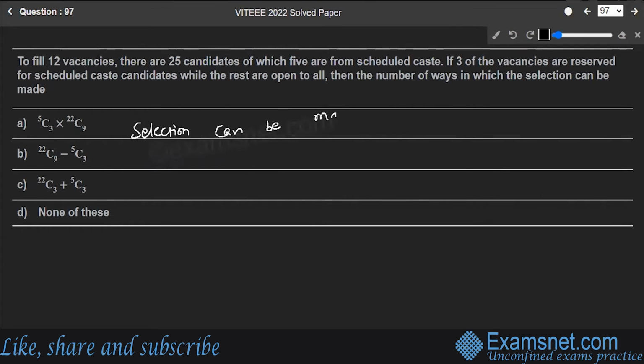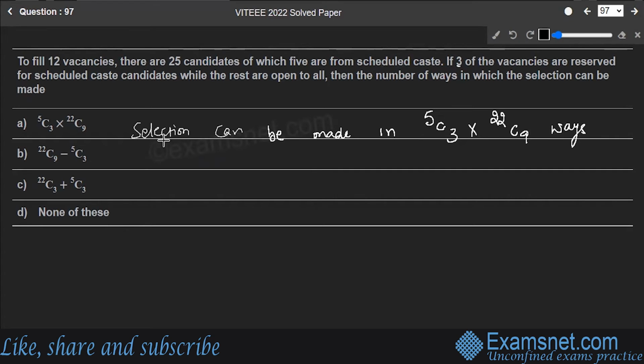So, selection can be made in, okay, 3 vacancies are reserved. So this can be done in 5C3 into 22C9 ways. Now, why is that?